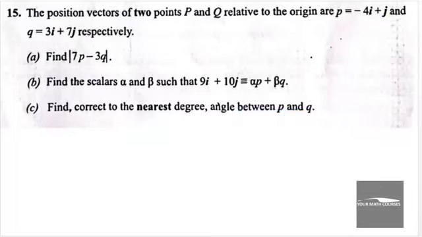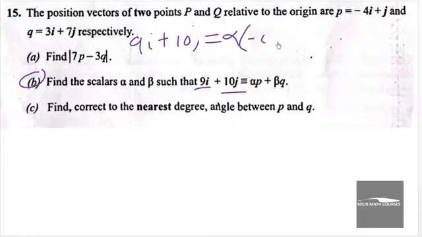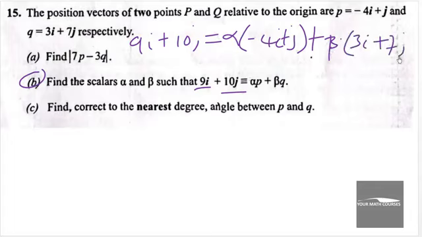We are looking for scalars such that 9i plus 10j equals alpha p plus beta q. So 9i plus 10j is equal to alpha p, we substitute the position vectors, plus beta q, 3i plus 7j.